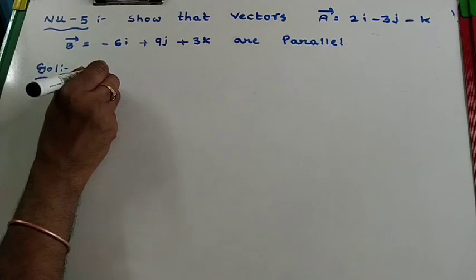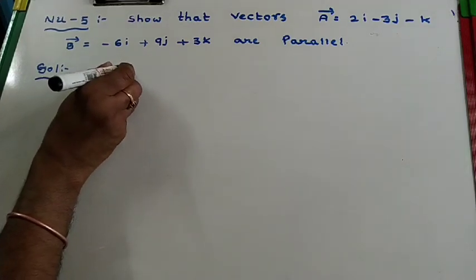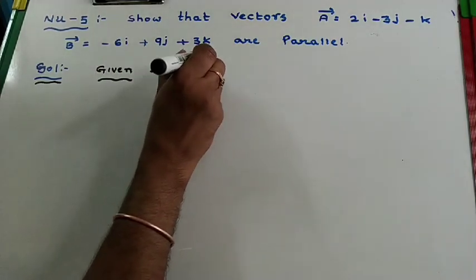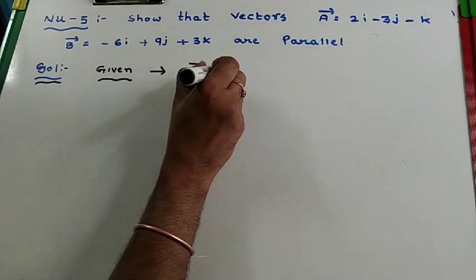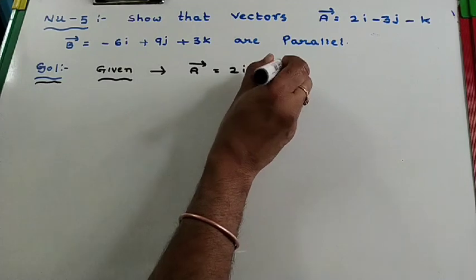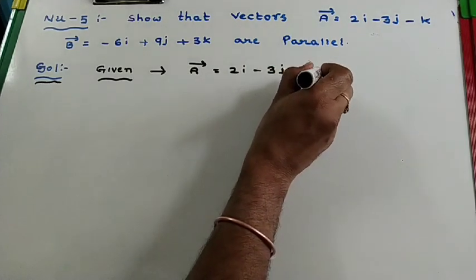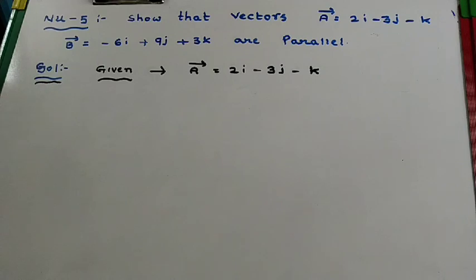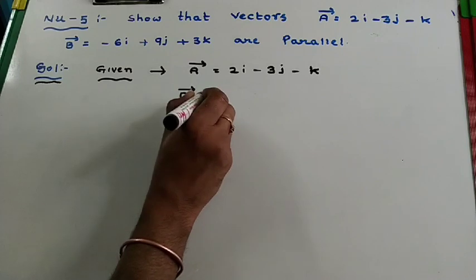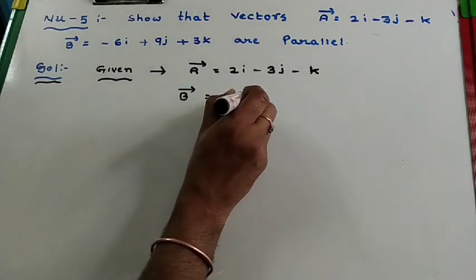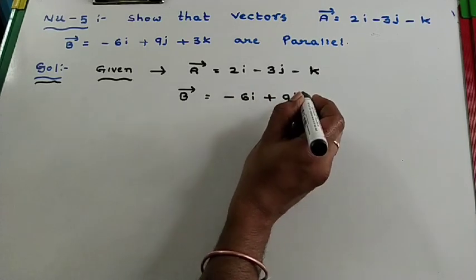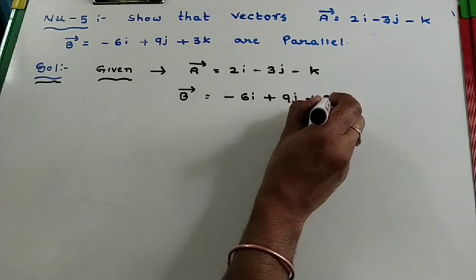Given A is equal to 2i minus 3j minus k, B is equal to minus 6i plus 9j plus 3k.